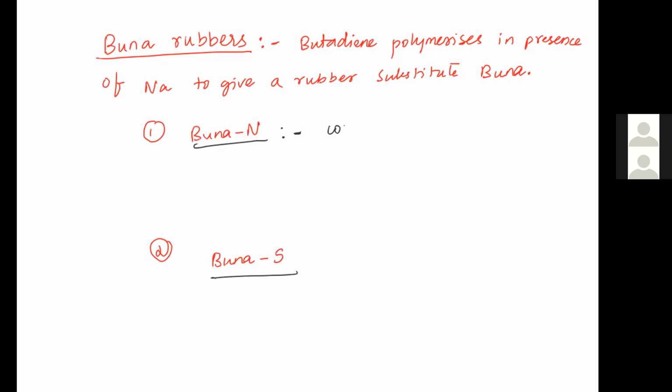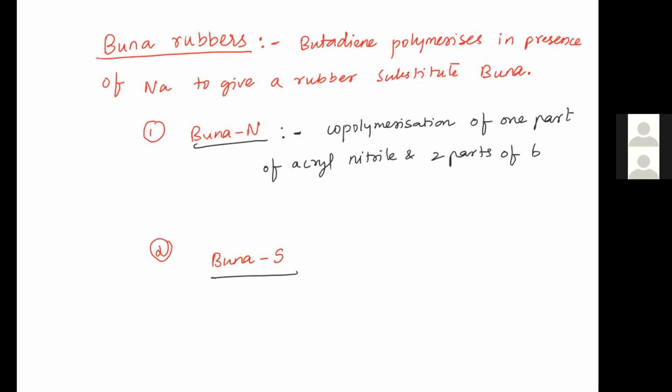Buna N is obtained by copolymerization of one part of acrylonitrile and 2 parts of butadiene. It is more rigid.